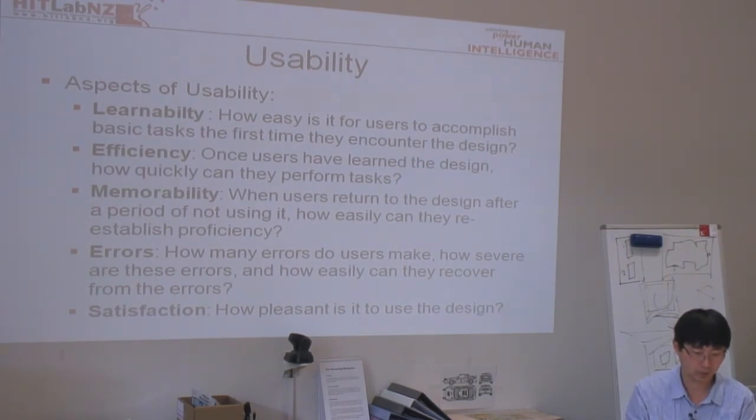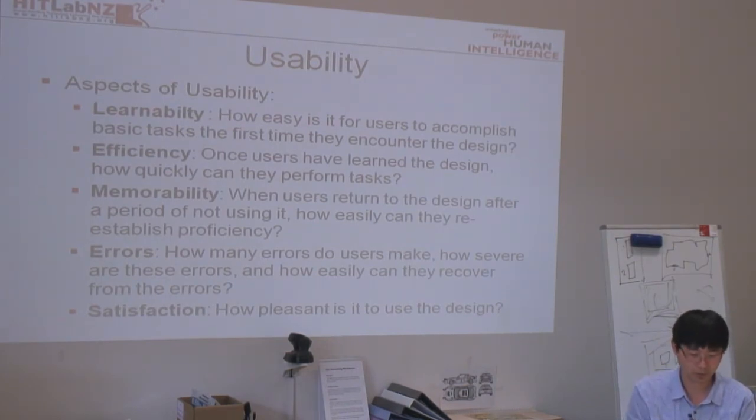And the fourth aspect is errors: how many errors users make and how prone your user interface is to errors, how they can recover from the errors, or how it prevents making errors, such as when you close your window by error, does it allow you to recover from it, or how does it prevent you from closing the window before saving it and so forth.